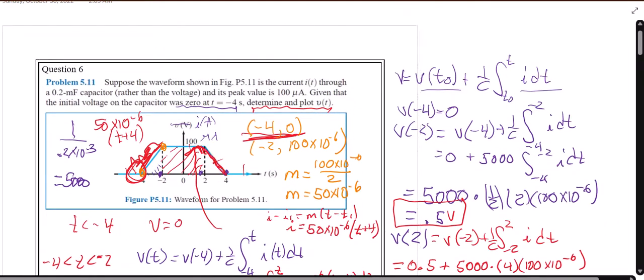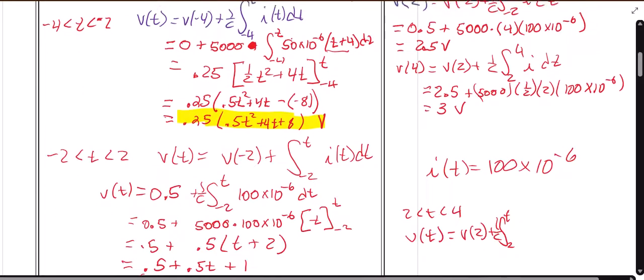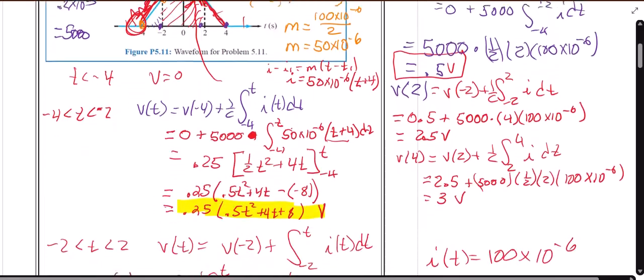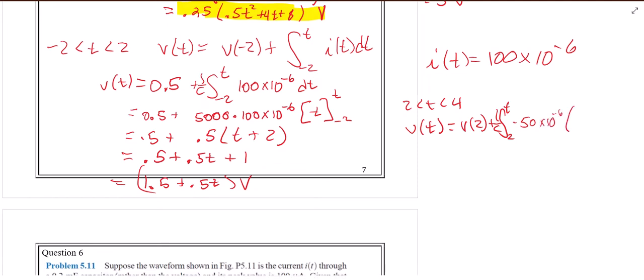Well, it's going to have the same slope as the line over here, just negative. So, and what did we get that slope to be? 50 times 10 to the -6. So this will be minus 50 times 10 to the -6 is going to be our slope.